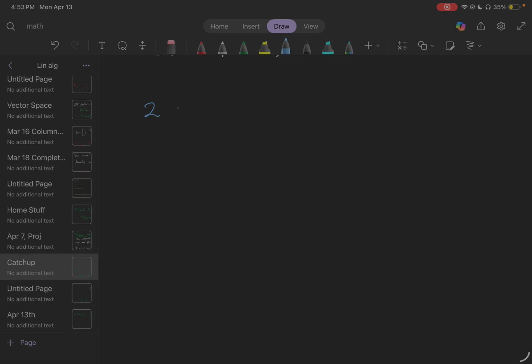Let's go over the 3 ways we multiply. One is via regular A times B matrices.